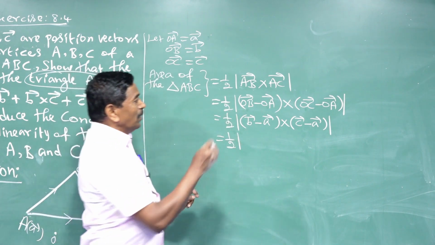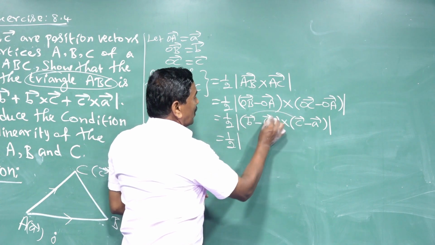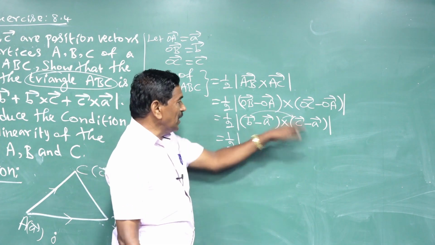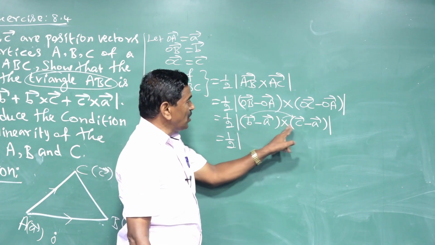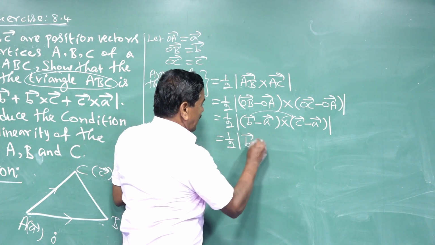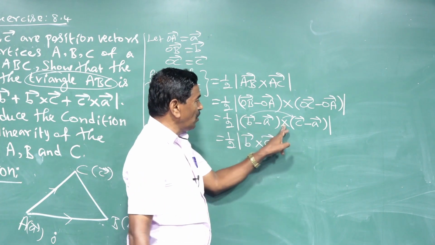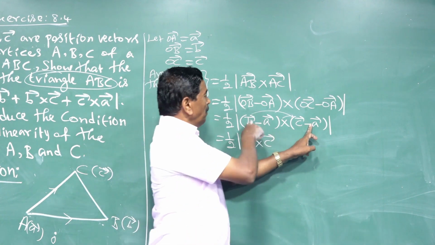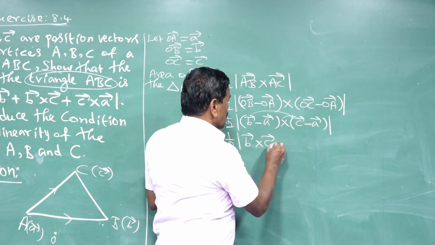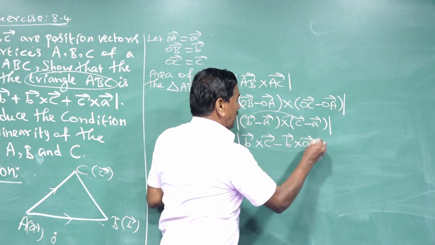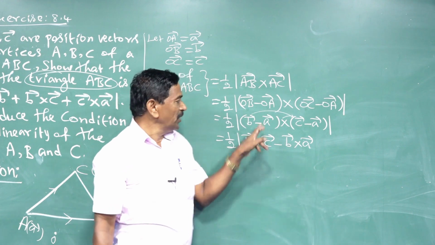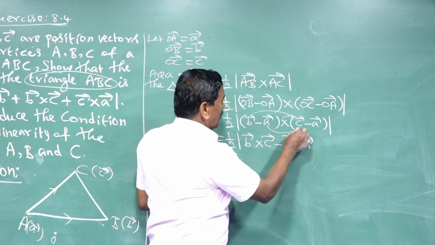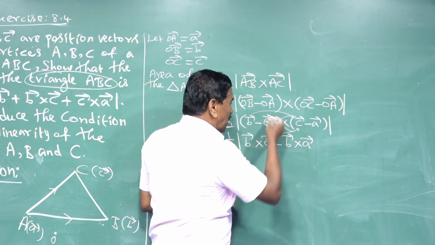Very good. Here, this vector B and the cross product will multiply inside the bracket. Inside the bracket we get B cross C, B cross C. Similarly, plus into minus, minus B cross A. Similar idea: vector A and the cross will multiply inside the bracket.